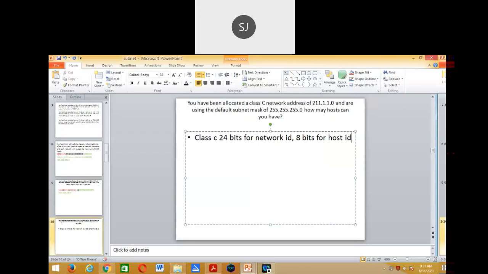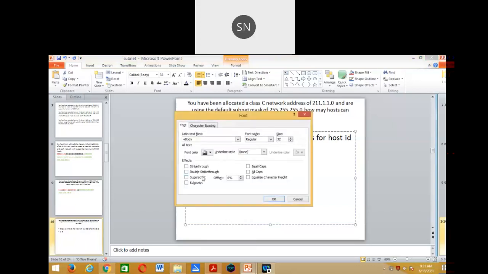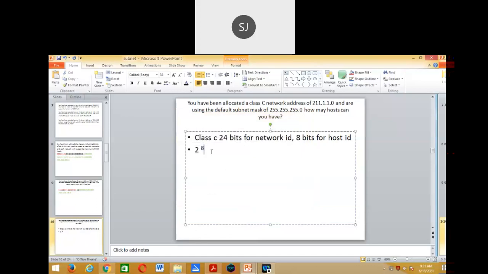So now the subnet mask is this. So how many bits are there in host? It is 8 bits because these 8 bits are 0, 0, 0, 0. So how many hosts can we have? It is 2 raised to the power 8 minus 2. 2 raised to 8.